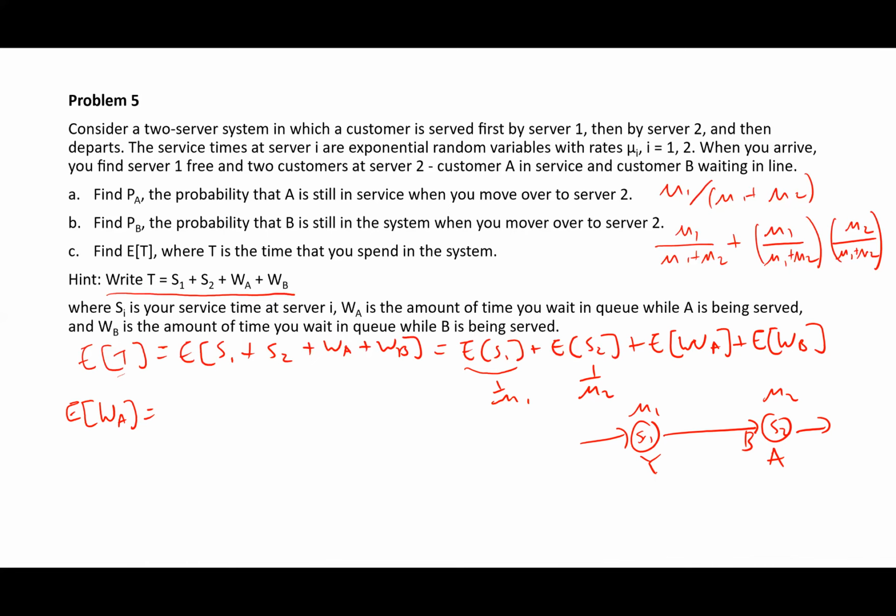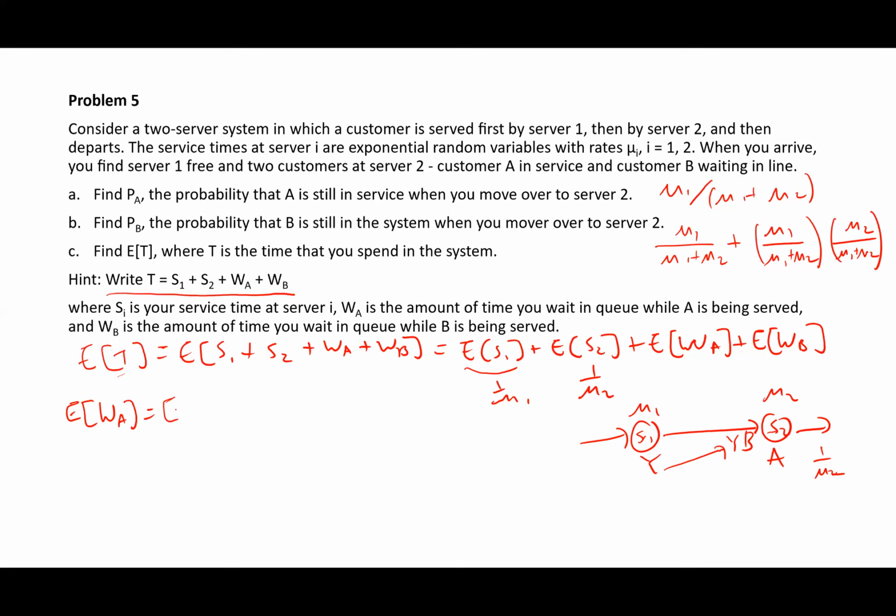How long do I wait for A? Whatever waiting I do for A, it's with respect to server 2. For example, let's say I finish before A and I walk over and get behind B in line. Right at that instant, the expected time for A to finish at that server will be 1 over mu2. This is the amount of waiting I do for A, because A will be getting service at server 2. It's the same logic here, and you just simply apply that logic.